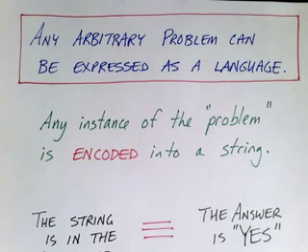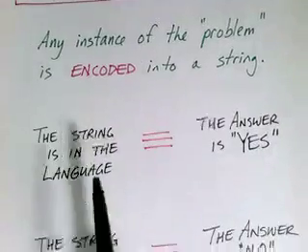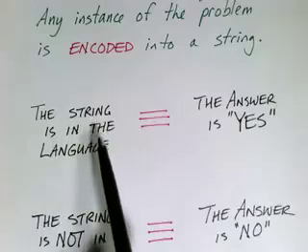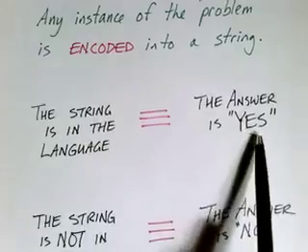An instance of the problem is a particular graph, and we're asking, is this particular graph connected or not? And we're going to encode the instance of the problem into a string in such a way that if the string is in the language, the answer to the question of whether the graph is connected or not is yes.